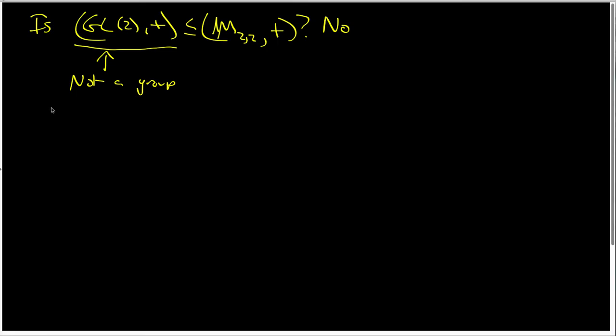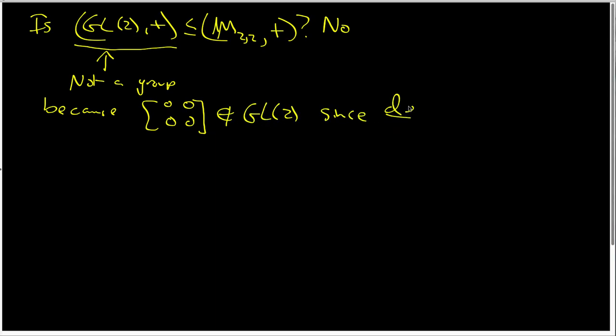And this is not a group because the 0 matrix, which is the additive identity for matrix addition, is not inside GL2, since the determinant of the 0 matrix is a big fat 0.